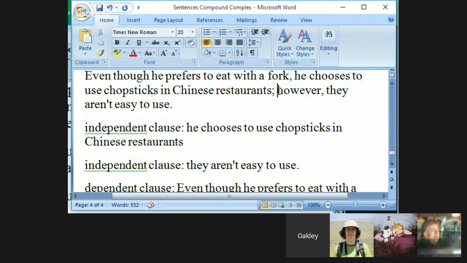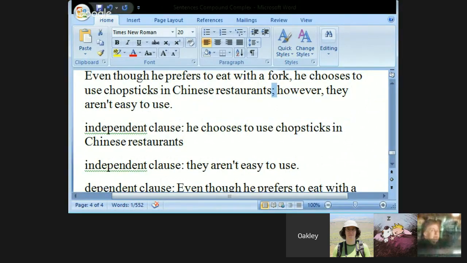First of all, using a semicolon to join two independent clauses. And we've also got another little element here: the however used here.